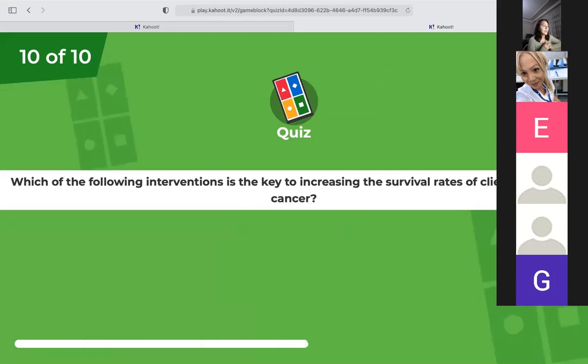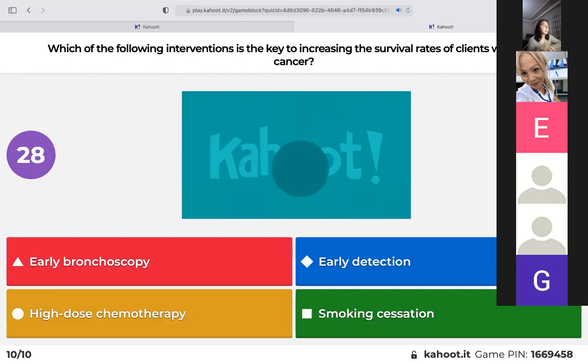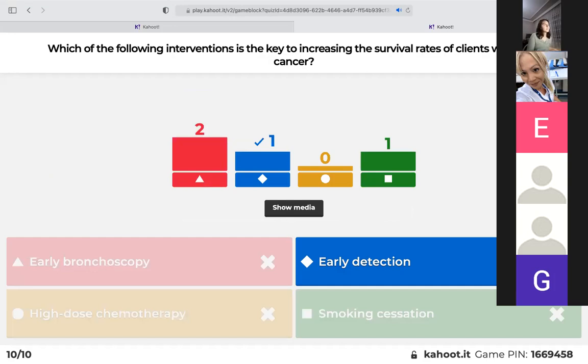Which of the following interventions is the key to increasing the survival rates of clients with lung cancer? And early detection.